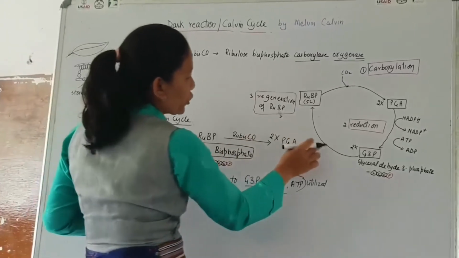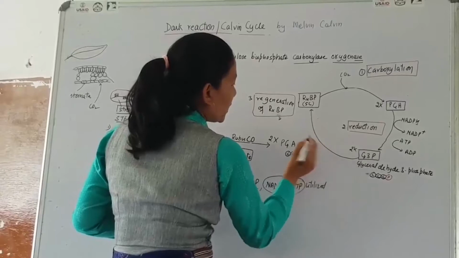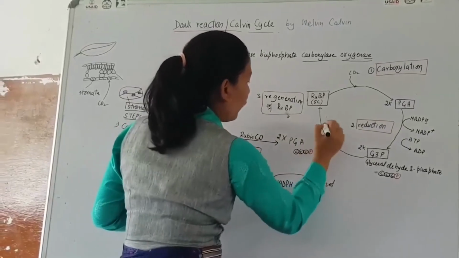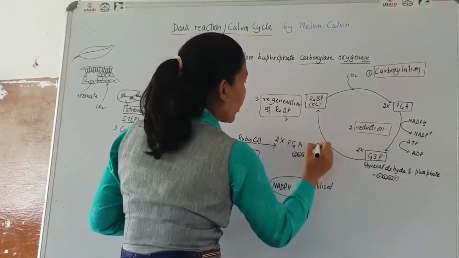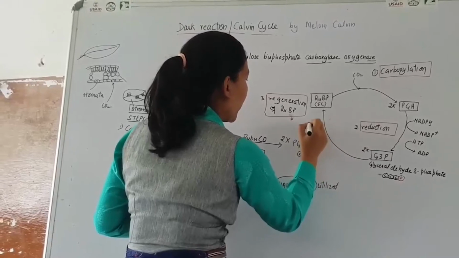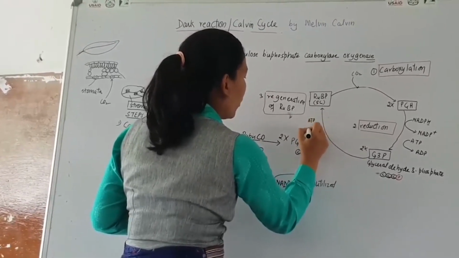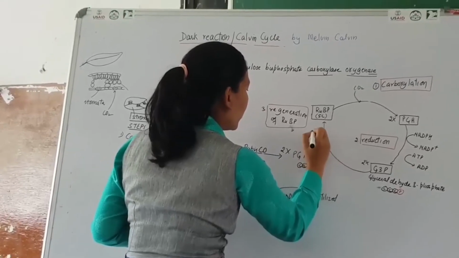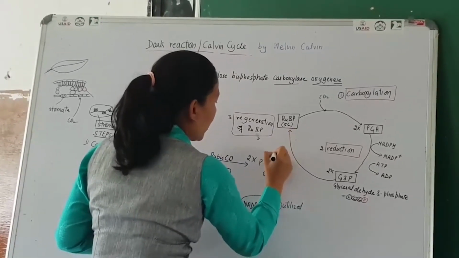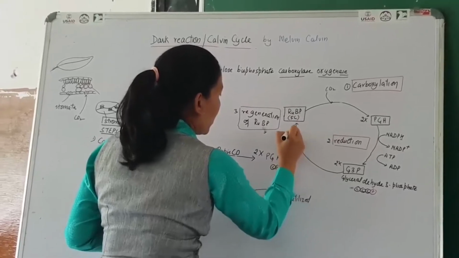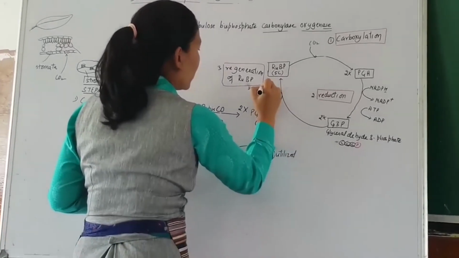And this regeneration of RuBP again occurs by utilizing ATP.